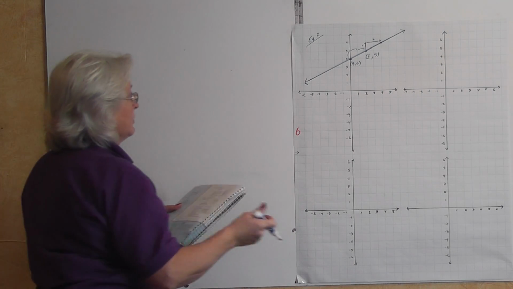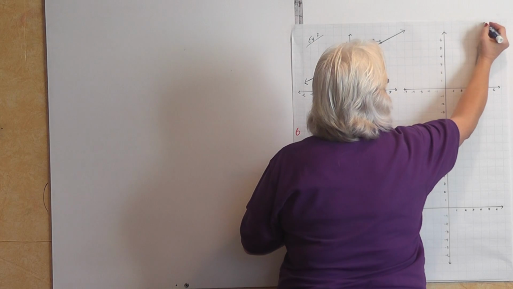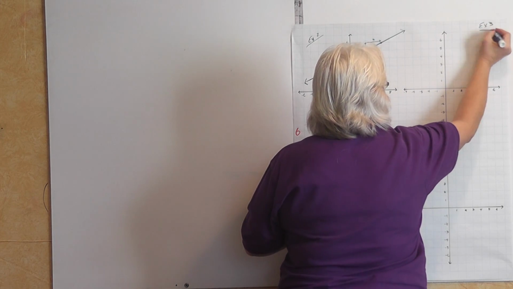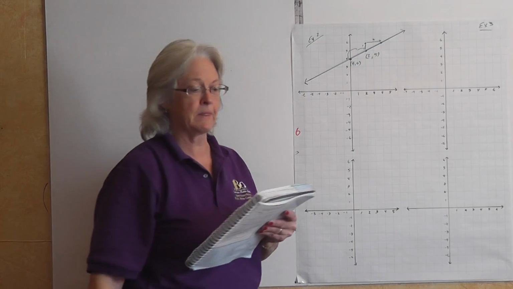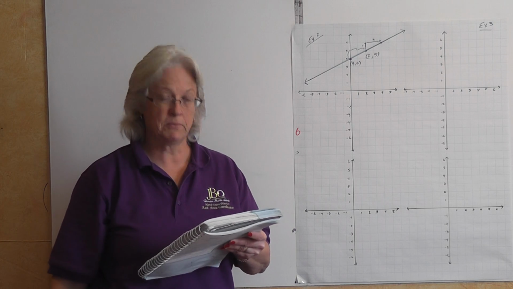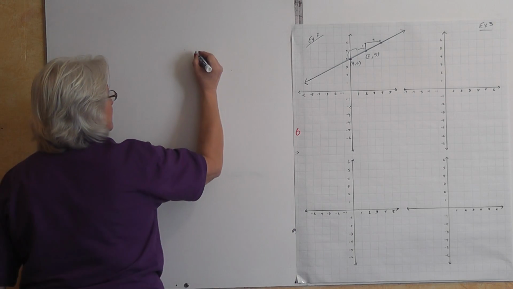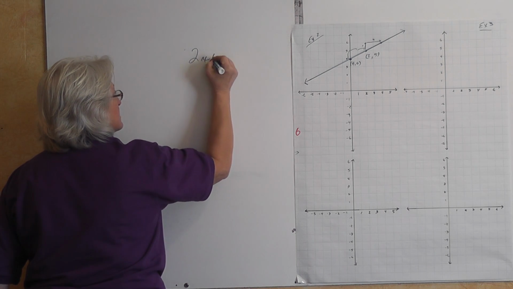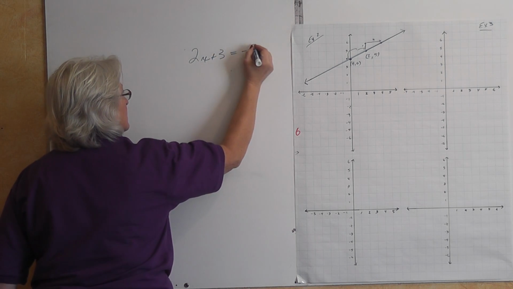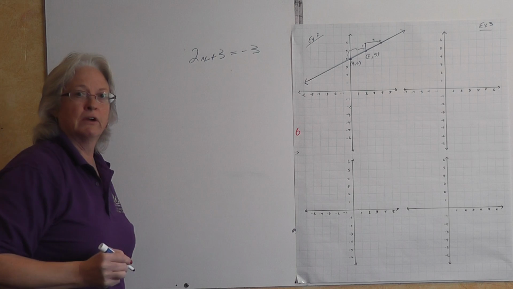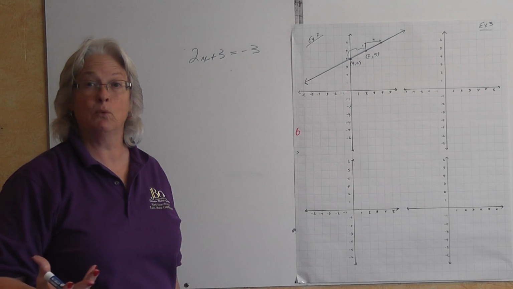This is example 3 that we're going to do. And this tells us on page 248 to graph 2x plus y is equal to -3. What's the very first thing you want to do?